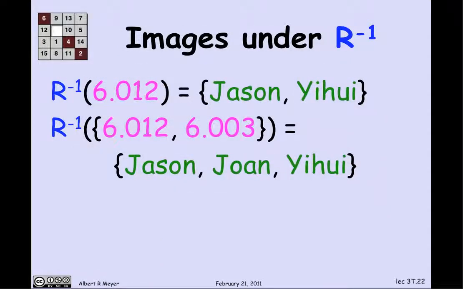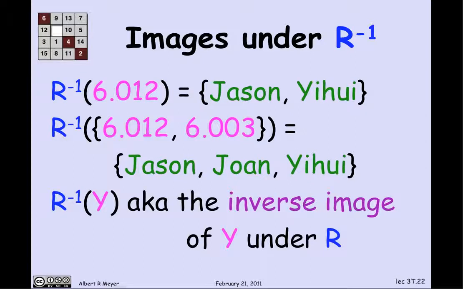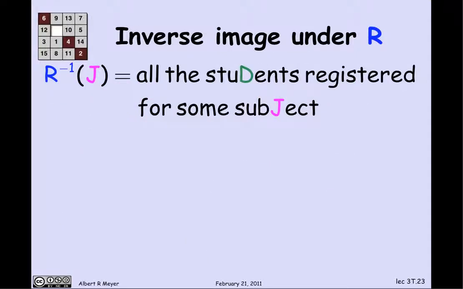And so R inverse of 003 and 012 is that set of 3 students, Jason, Joan, and Yihui. And in general, when you start off with a bunch of subjects, a bunch of elements of the codomain, and you apply R inverse to it, it's called the inverse image of Y under R.